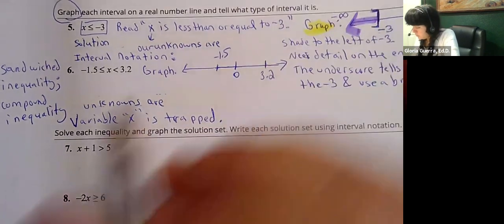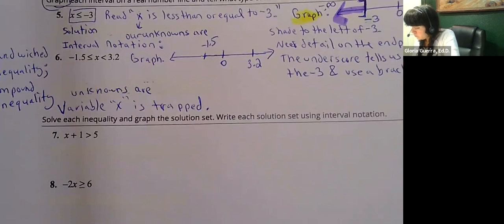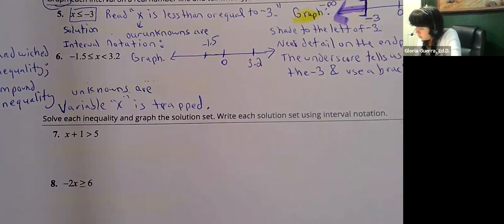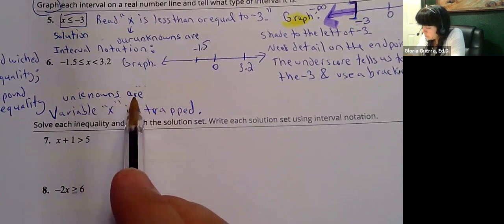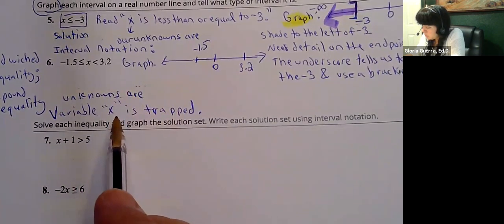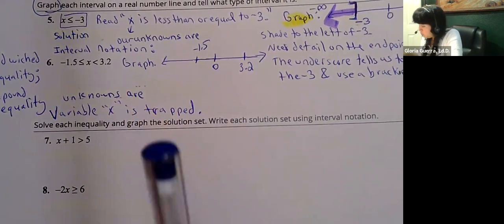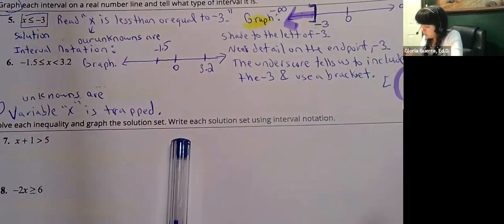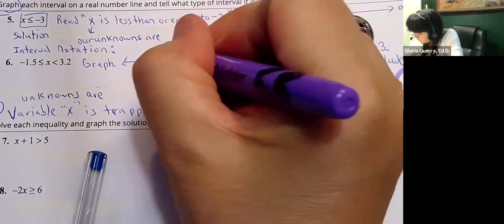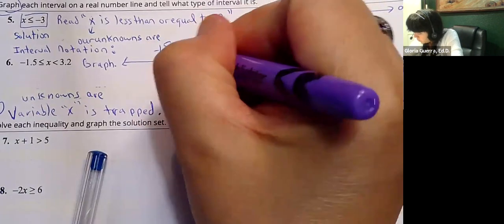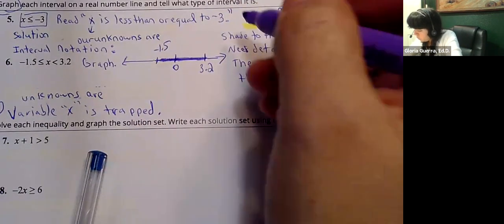So all our unknowns, our x variables, are trapped. So I'm going to get my purple pen and highlight in between negative 1.5 and 3.2.